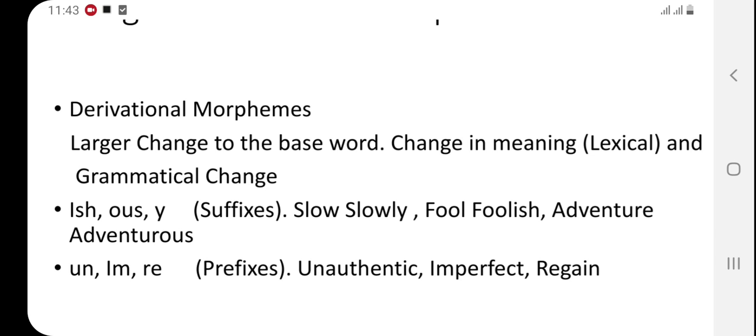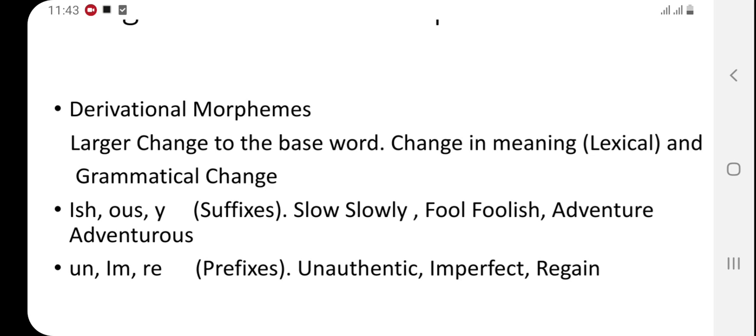Then we have prefixes. Prefixes are the bound morphemes that are attached in the beginning of a word. For example, from important to unimportant, from perfect to imperfect. So un and im, that are attached in the beginning of a word, are called prefixes.